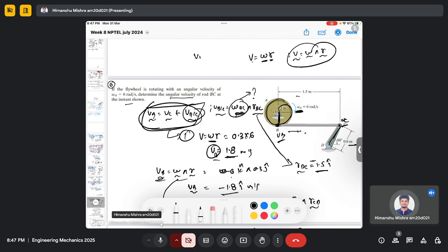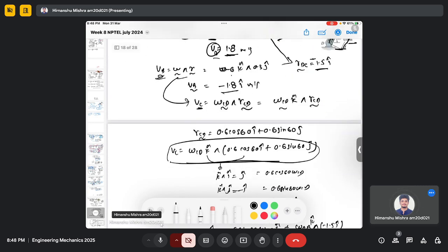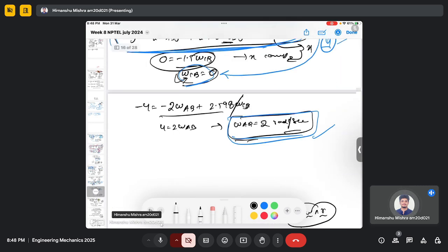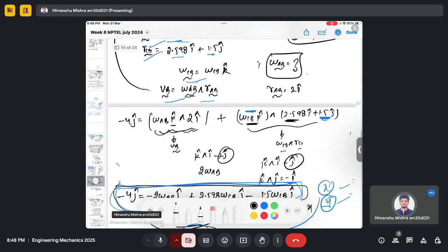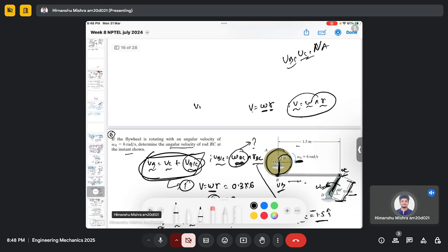For VC we use the same: the omega CD cross product with this displacement. So we got the VC vector also. In the previous question we solved it differently. We were directly given VB, VC and VA, so we just directly identified the vectors and substituted them in this formula.